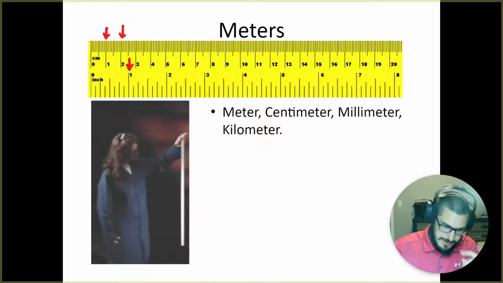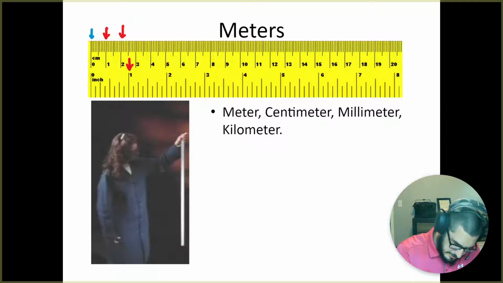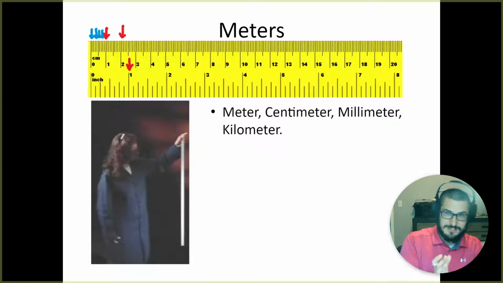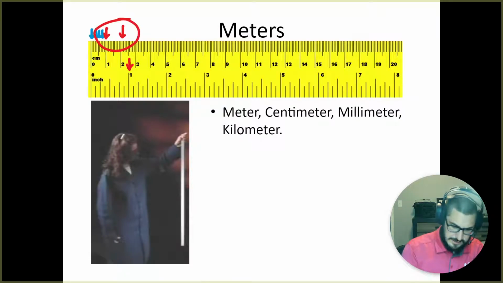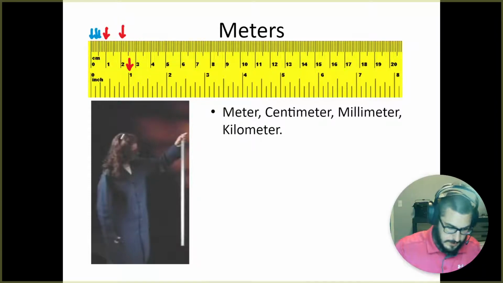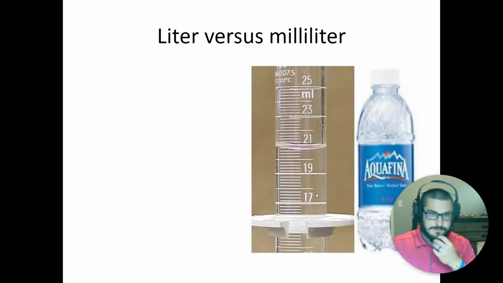And the millimeters are those little tiny lines in between them, so those are quite a bit smaller. And then a meter is like a yard. So you need 100 of these centimeters right here to be able to make 1 meter.